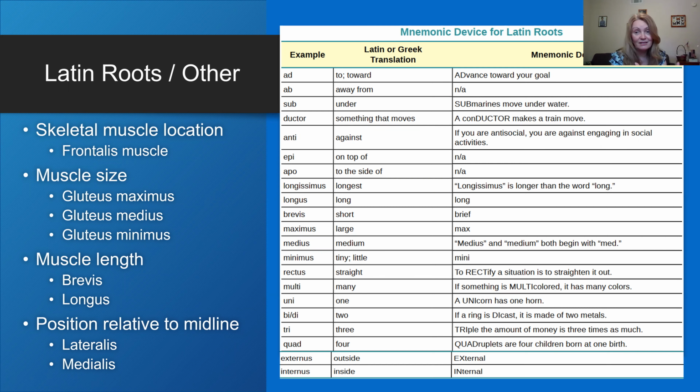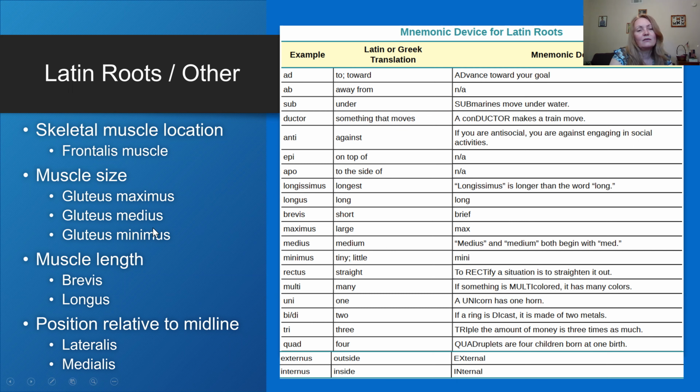So learn the muscle and that will make sense. But you can refer back to this mnemonic device for Latin roots, like if you wonder what bi or di means, it's two, uni, it's one, right? So you can refer to it, but you don't really need to memorize it. Just memorize the name of the muscle and make sense of what this name means.